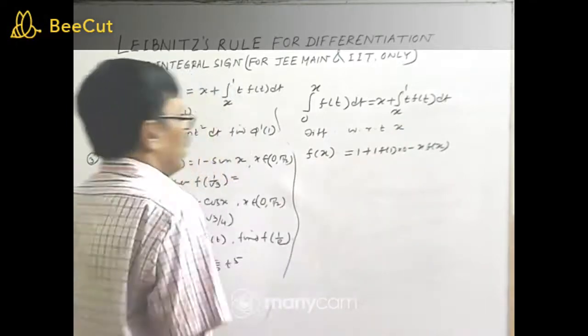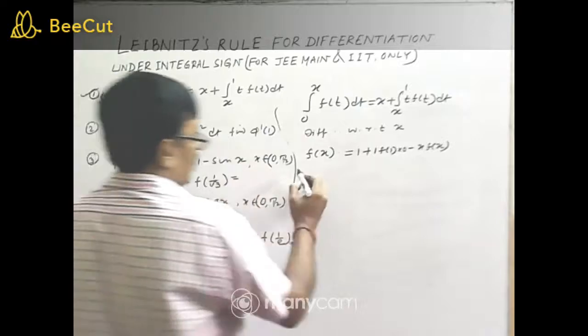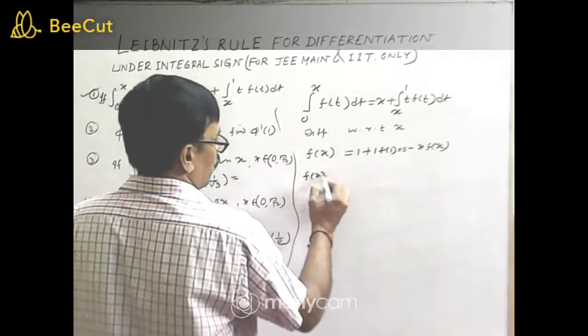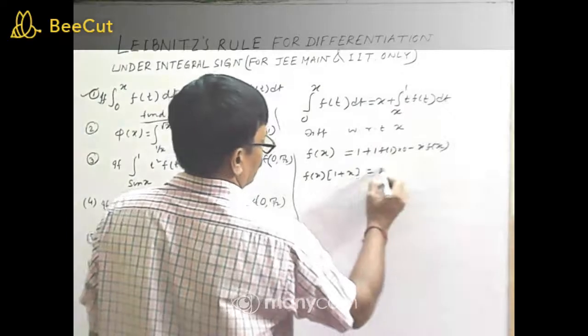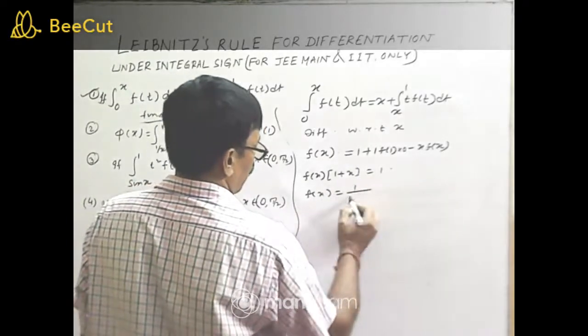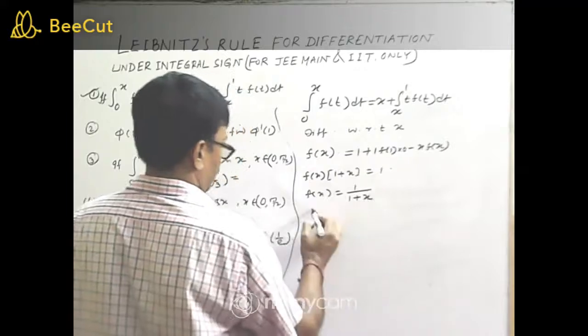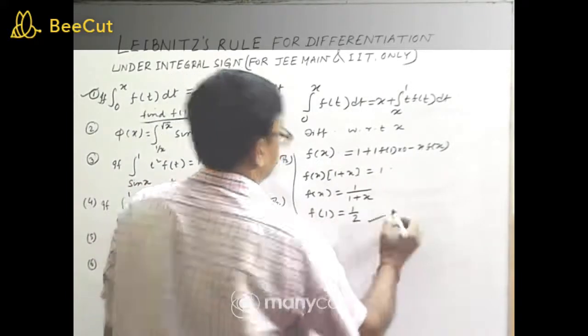Now, what is our main aim? Find f(1). So f(x) common: f(x)(1 + x) = 1, so f(x) equals 1 by 1 plus x. So what is f(1)? f(1) is half.